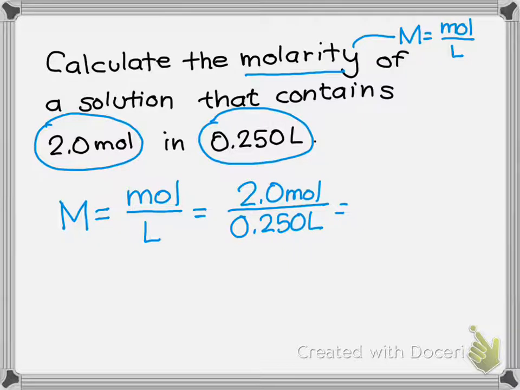Now recall, in the previous one we had percent concentration, and in percent concentration we multiplied by 100 because it was a percent. But in this problem, we will not multiply by 100 because molarity is not a percentage. So to two significant figures, the molarity of this solution would be 8 molar.